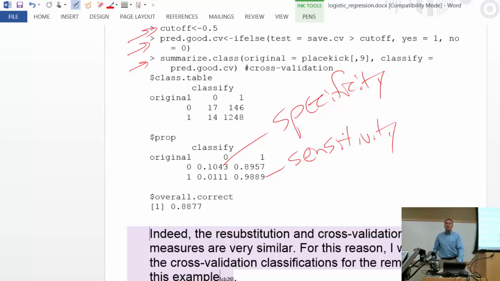Why would you expect resubstitution and cross-validation to be quite similar here? The sample size, exactly. Just removing one observation at a time when you have a sample size of already 1,425, it's not going to have that much of an effect. So I'm just simply going to use resubstitution for the rest of this section.